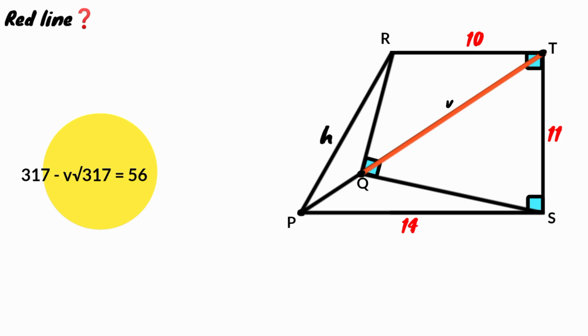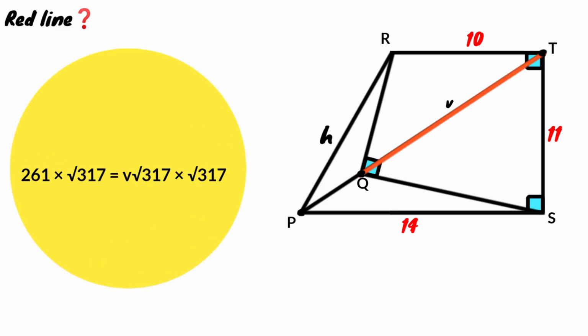Take it to the right hand side of the equation and bring 56 to the left. 317 minus 56 is 261. So 261 equals V root 317. Multiply both sides by the square root of 317.